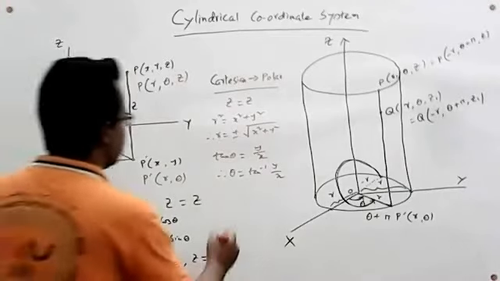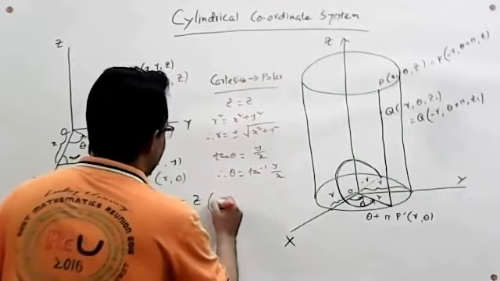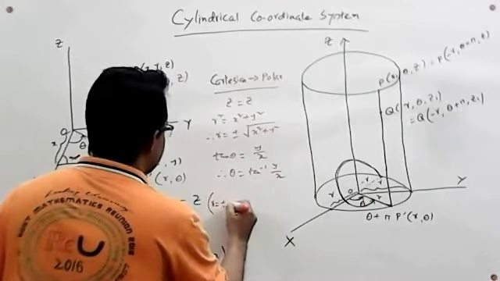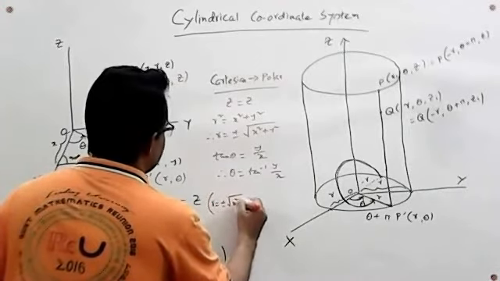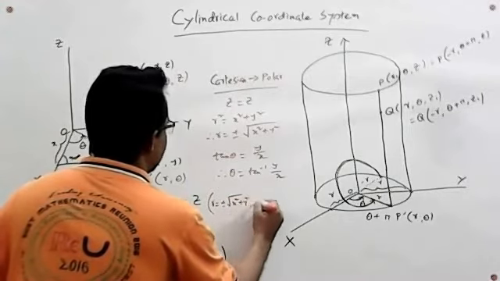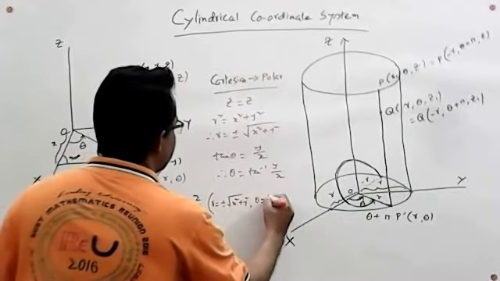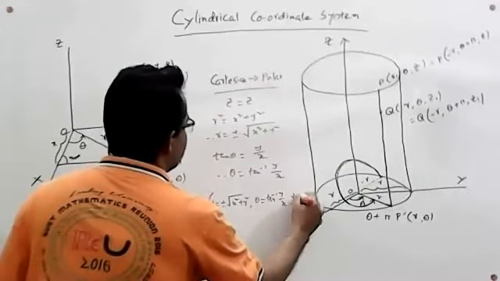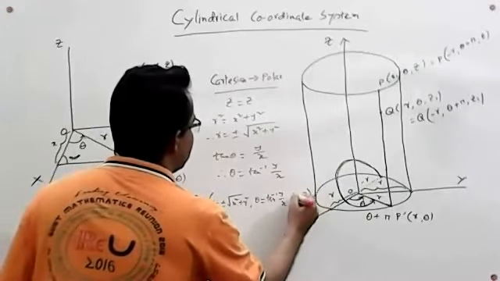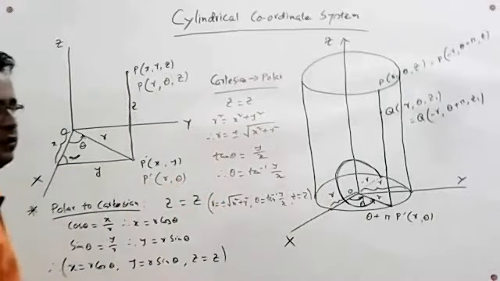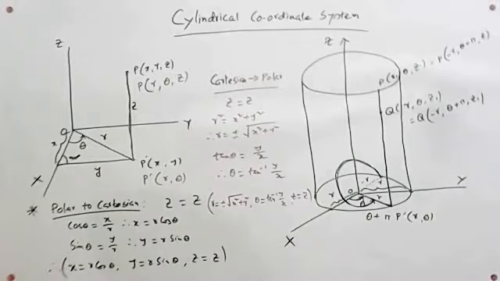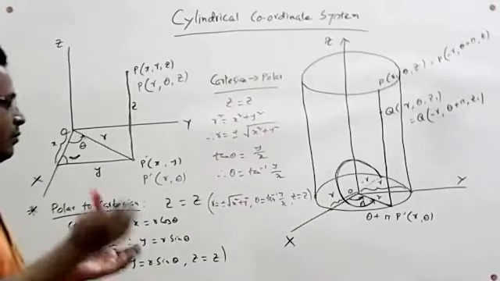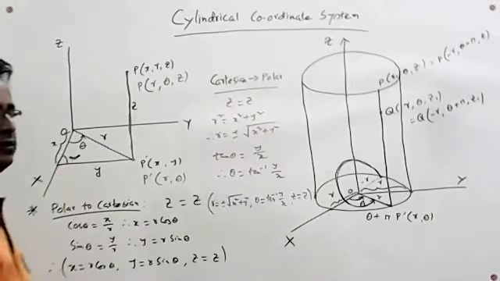That is, r equals plus or minus the square root of x square plus y square, theta equals tan inverse y by x, and also z equals z, which is the same in both coordinates. So these are the relations for switching from one coordinate system to the other.